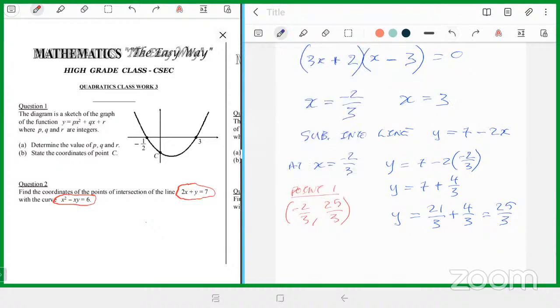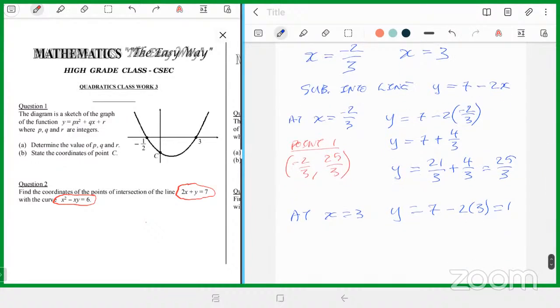So let's go back to that. I'm going to say now at x equals 3, the line is telling me to take the 3 and plug it in the line there to get the y value. I'm going to get 7 minus 2 times 3. This one is easy because 2 times 3 is 6. So 7 minus 6, 7 minus 6 is 1.